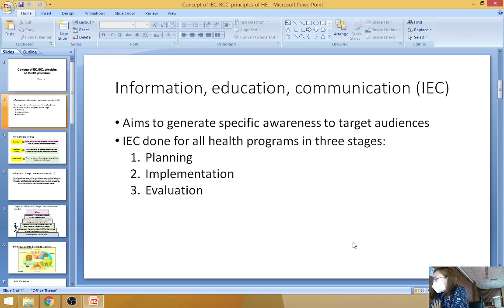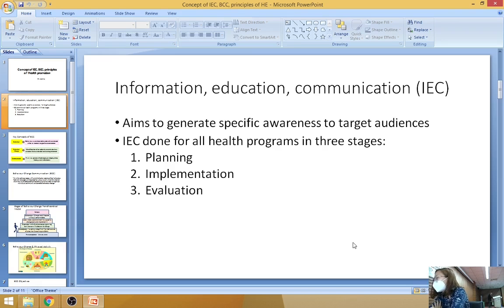One is mass media, like radio and television, so that we can cover a large number of the population. Then you will give the information, like wearing a mask and social distancing. These are the ways to prevent COVID-19.